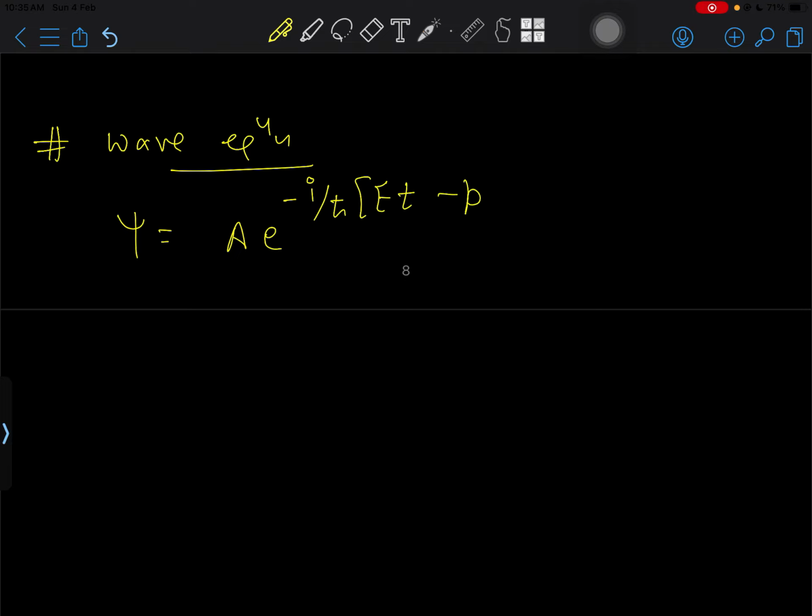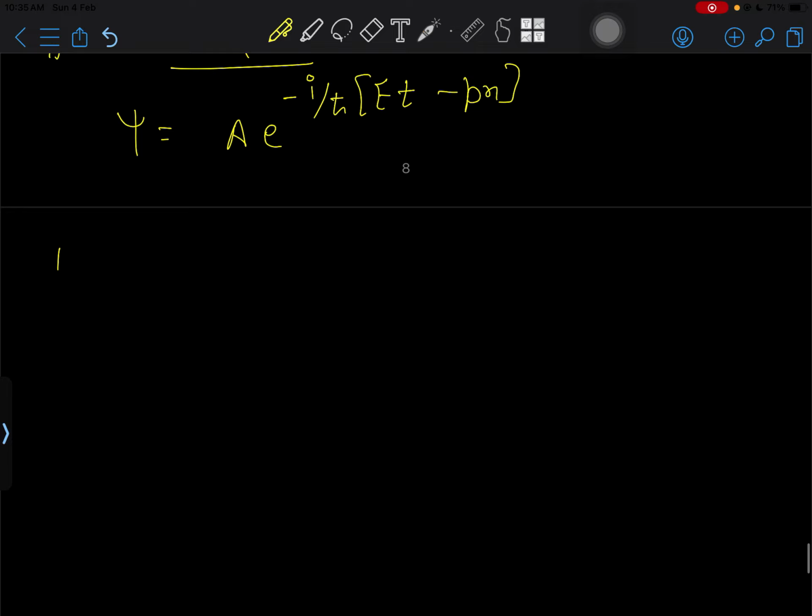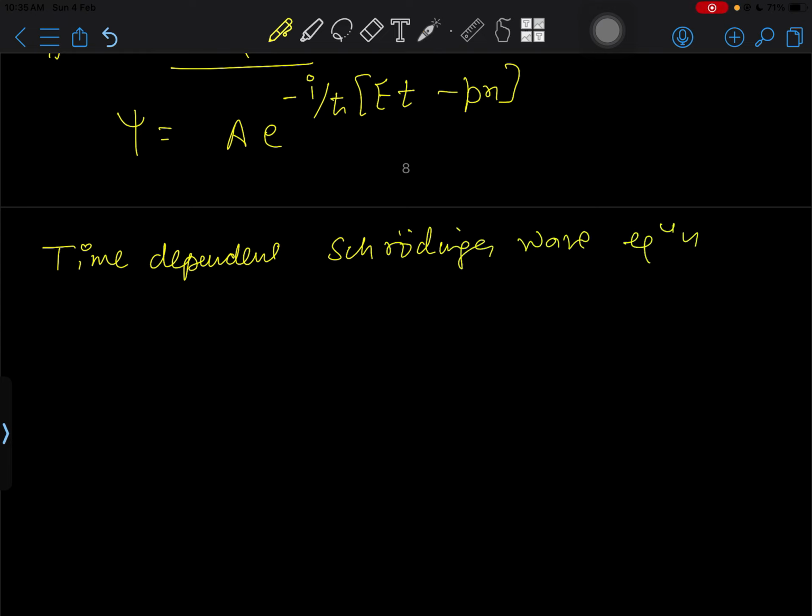So what we have learned today is, first of all, the wave equation, which is noted as psi is equal to A e to the power minus i upon h cut E t minus p x. From here we have deduced the time dependent Schrodinger wave equation, which is denoted as i h cut del psi over del t equals minus h cut square upon twice m del square psi over del x square plus V psi.